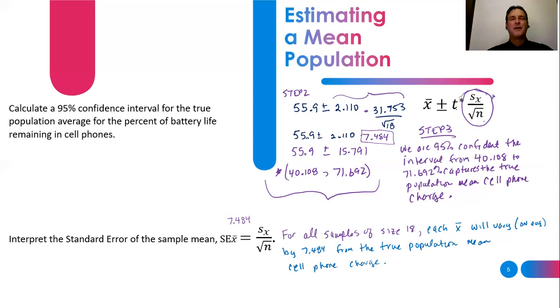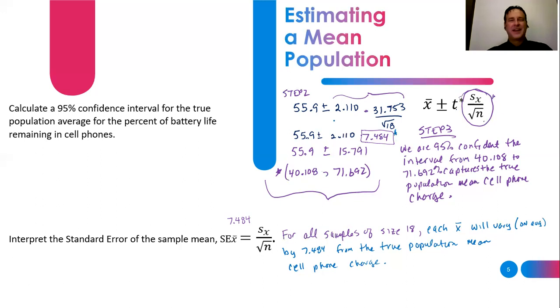And if I compare all the X bars to the population mean, mu, what we can say is that on average, the population mean mu is going to have some distance between the respective X bars. And on average, those X bars will be about 7.484 from the population mean, okay? So that ends what this idea is. We kind of have an understanding for that.